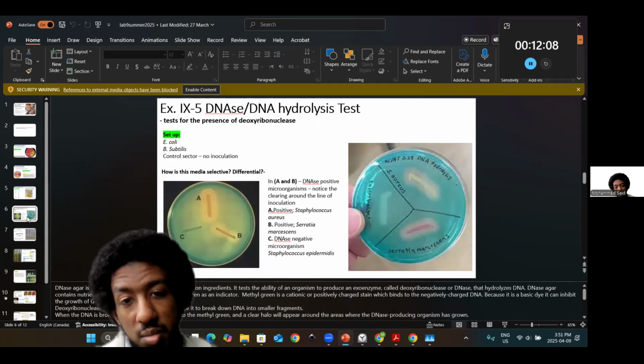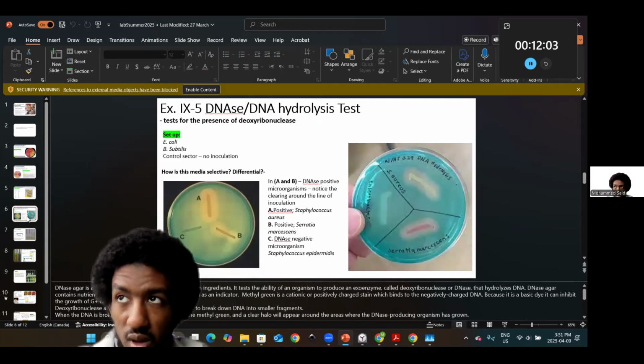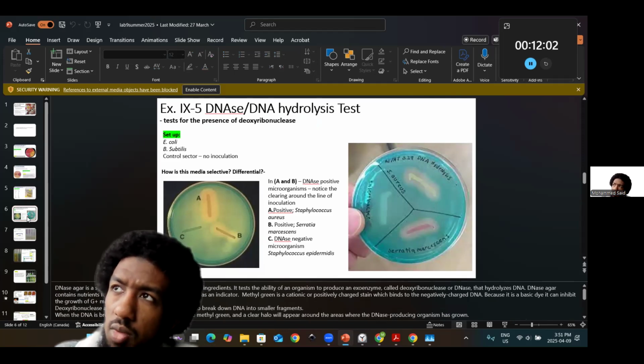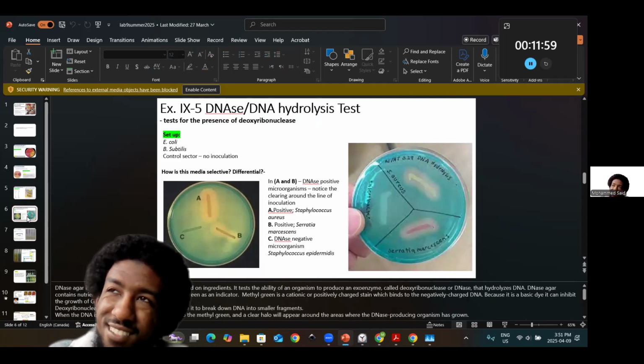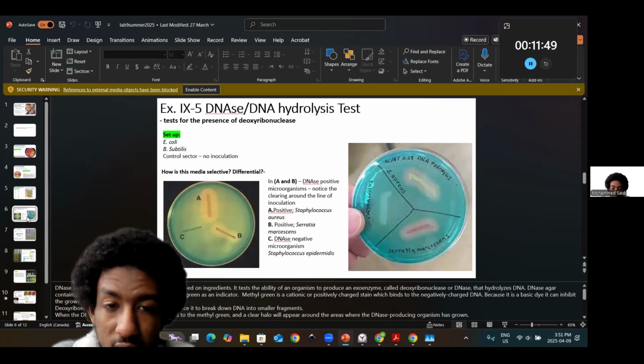It's another enzyme that's very important to understand because it connects us back to conjugation and, I believe, transformation. I want you guys to think how and why. Think about DNase, or think about what I've talked about before then. So it's testing in this regard for the presence of DNase in your bacteria.